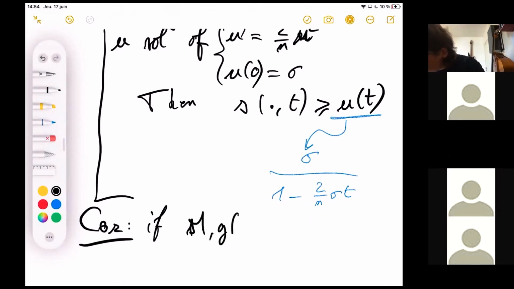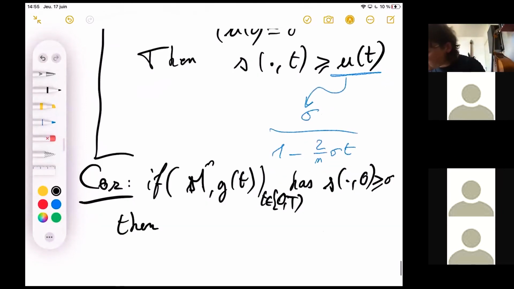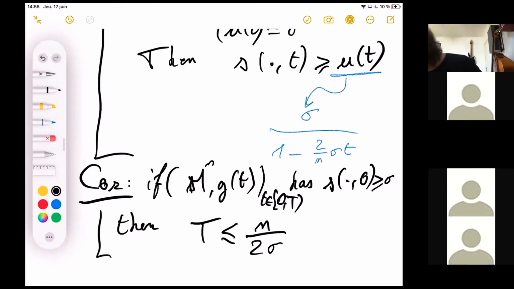So if I have a solution defined on 0 to big T, with scalar curvature at the initial time greater than sigma, then the existence time can be bounded above by whenever this lower bound for the scalar curvature blows up, which is n over... So if sigma is big, the existence time is very small.